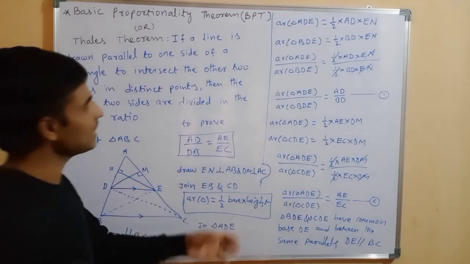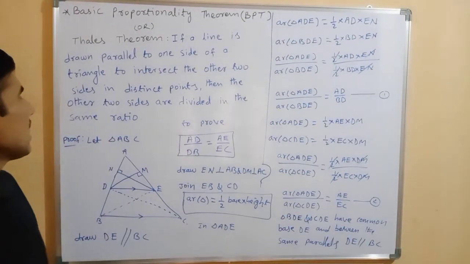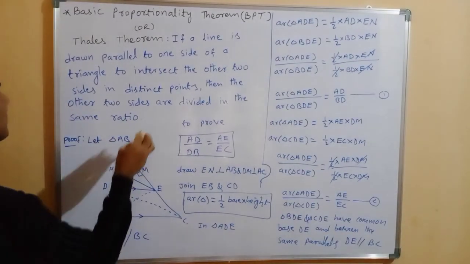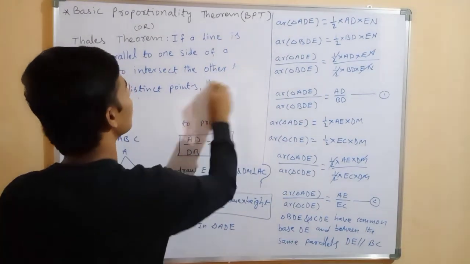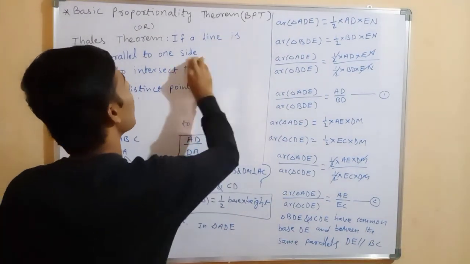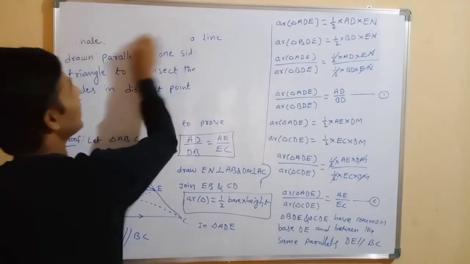Now see, there is a 9th class property: when two triangles have the same base and are between the same parallels, the areas of the triangles are equal. So based on that, we apply that property and we will get the required answer.